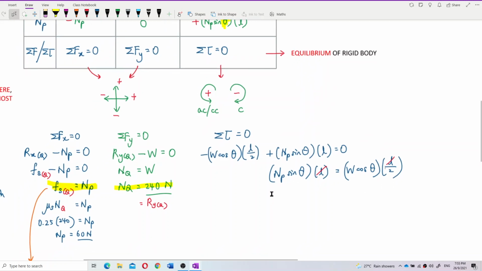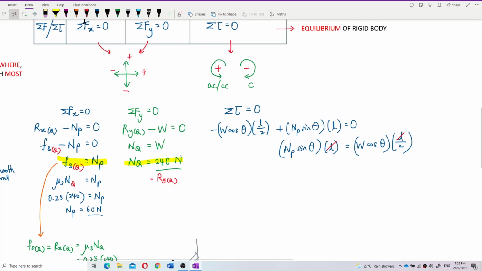Normal force for P we got just now: 60 Newton. So 60 Newton sine theta equals the weight, also given, 240 Newton. It is so easy to do. And here we still have half, don't forget the half.